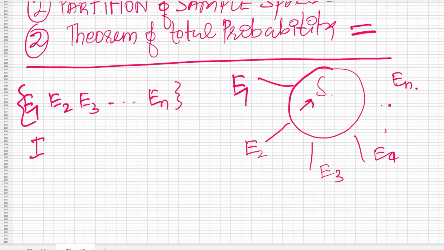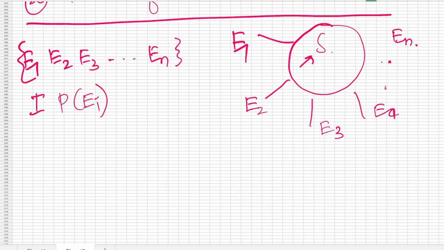To decide, we have three conditions. Condition one is that each of the events must have probability greater than 0.